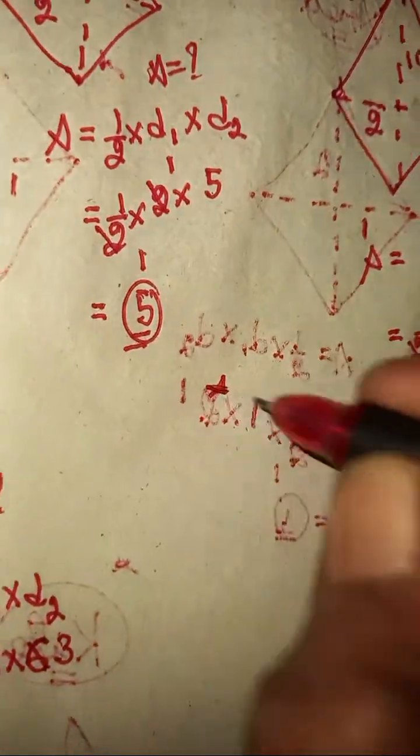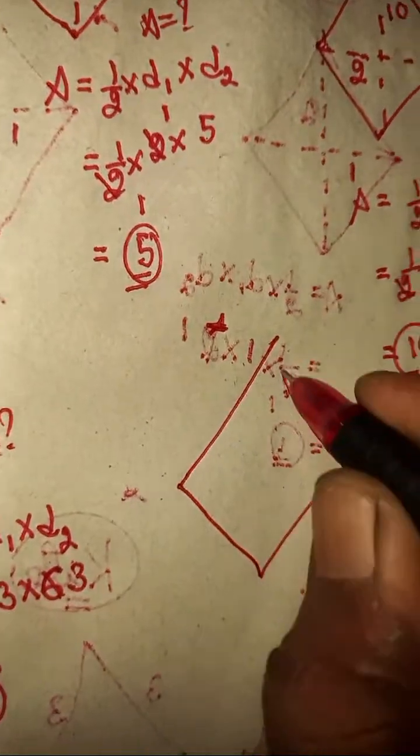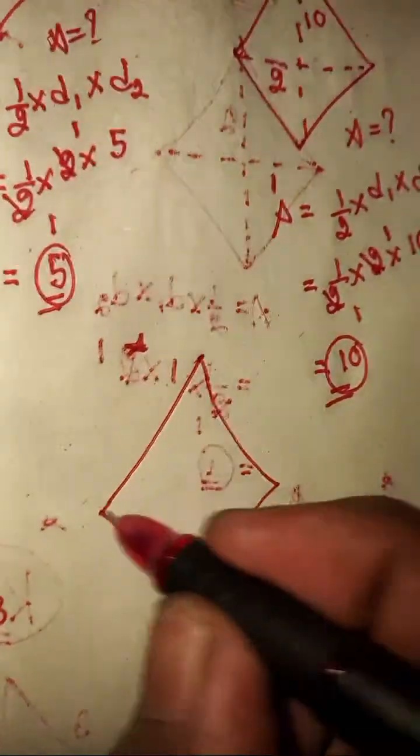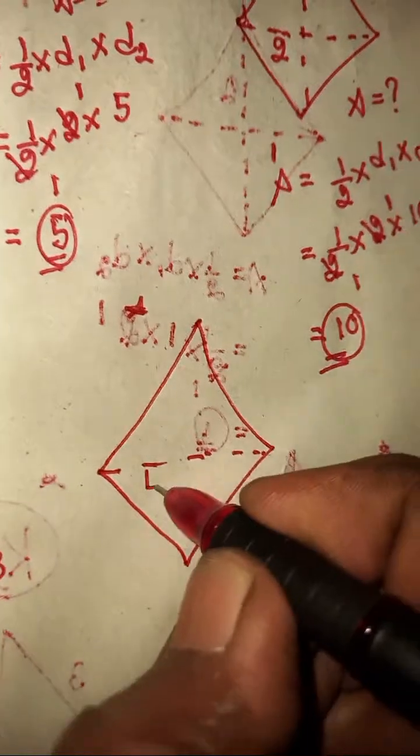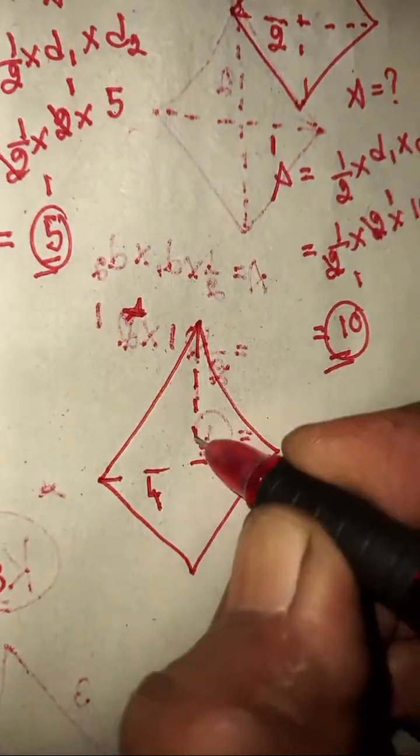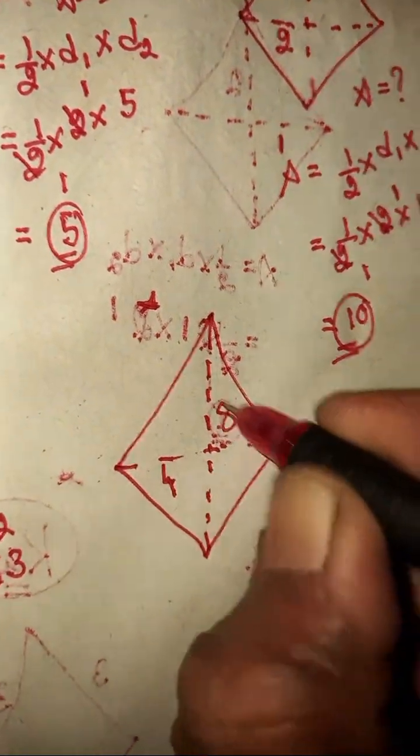And let's take another kite. In this kite they are giving this diagonal 4 units and another diagonal as 8 units.